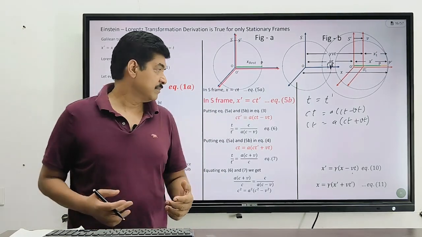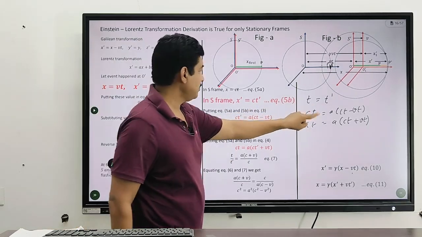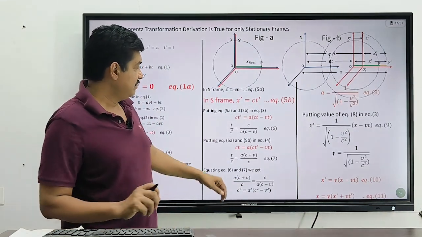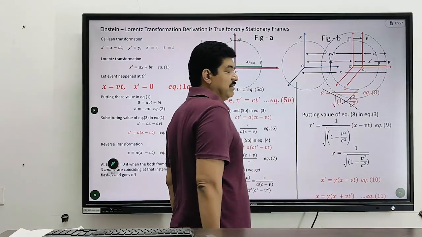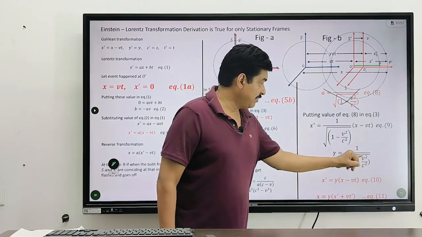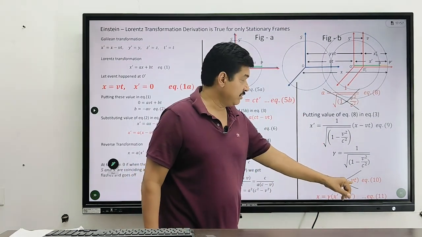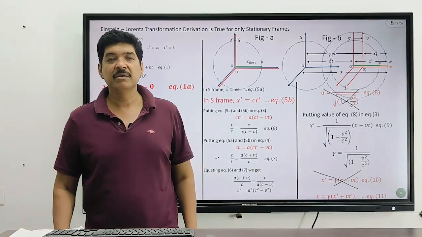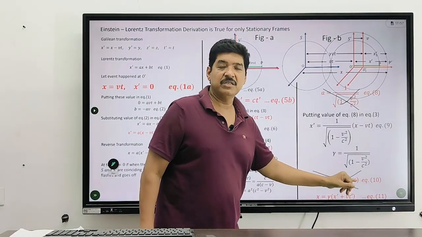That means again these assumptions are wrong, and when this is wrong, the whole derivation goes wrong. And when they find the value of a, then the value of a also is defective, wrong. And when the value of a is wrong, that means gamma is wrong. When gamma is wrong, the whole equation is wrong. I've already proved kx minus vt is wrong, and I proved gamma is also wrong. That means the forward transformation equation of the Lorentz transformation is wrongly derived.